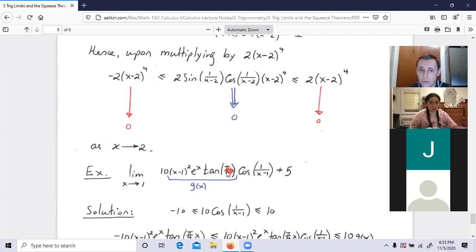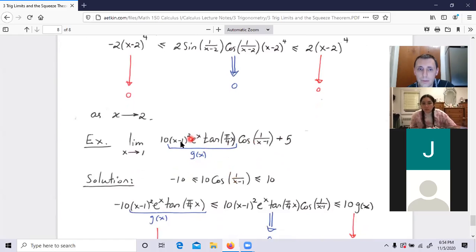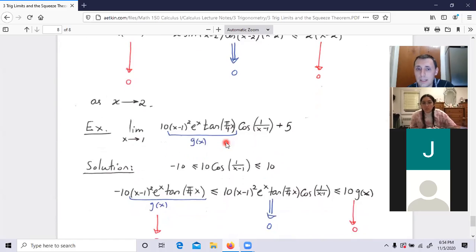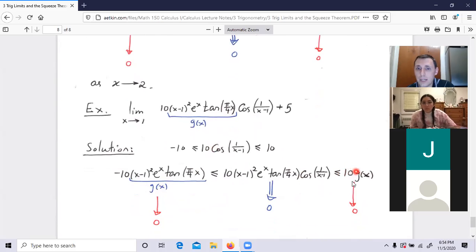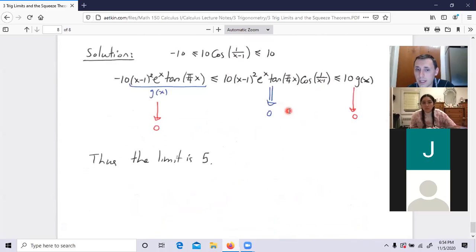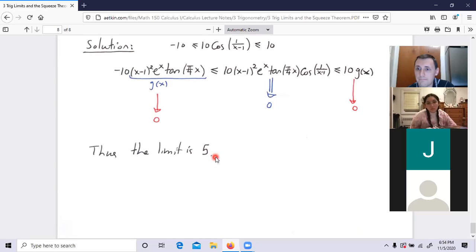This will go to e to the 1, this will go to tangent of pi over 4, which is 1, but this part will go to 0. So all I have to notice is that 10 times cosine is between -10 and 10, and when I multiply by what remains, it goes to 0. And then there is a plus 5. So the answer is simply plus 5. Good?